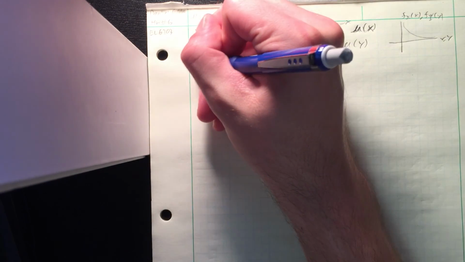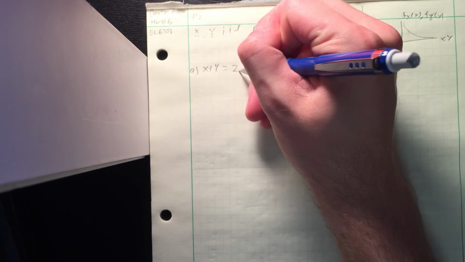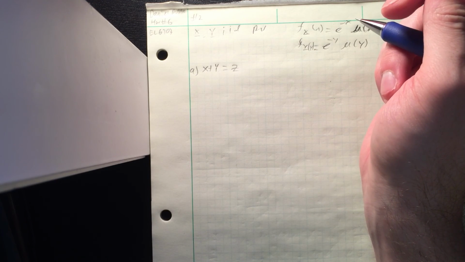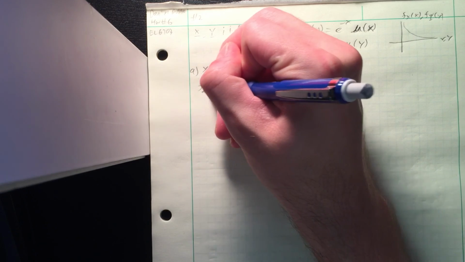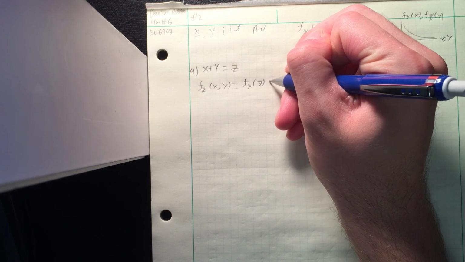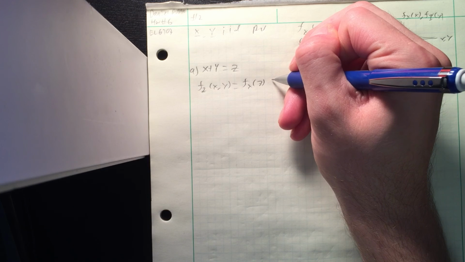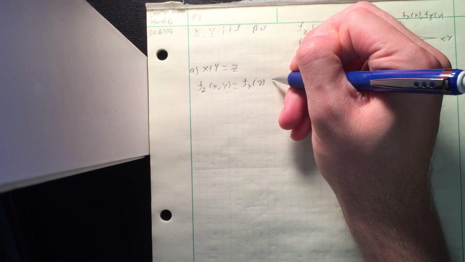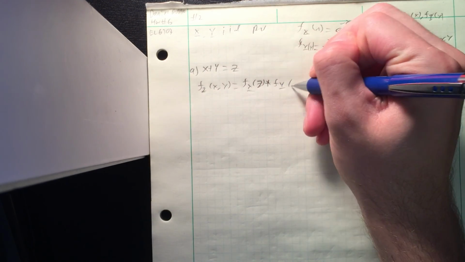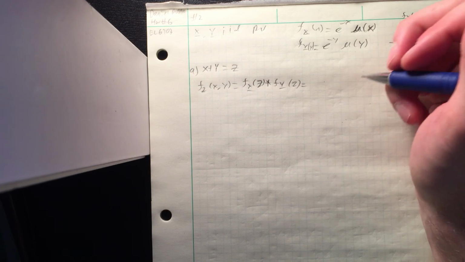So A gives us x plus y, and we'll consider that just z. So we need to find f_Z, which is basically f_X of z convolved with f_Y of z, which is not difficult to sub in for in this case.